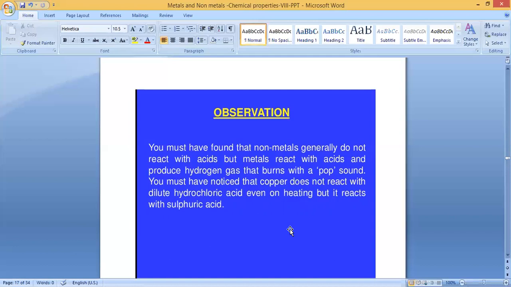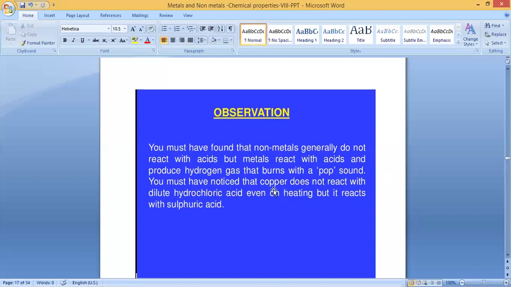Hydrogen gas is produced, so that is a metal. If there is no pop sound, there is no hydrogen gas, and the reaction did not take place. Clear? So you must have found that non-metals generally do not react with acids, but metals react with acids and produce what? Hydrogen gas that burns with a pop sound. You must have noticed that.